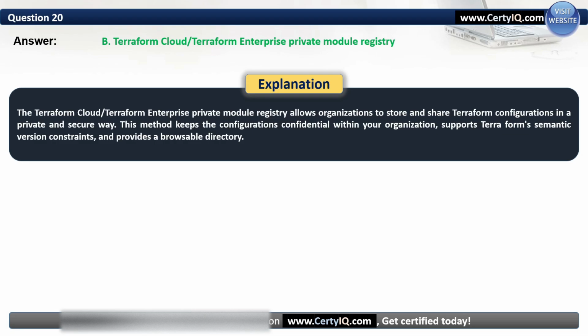The Terraform Cloud/Terraform Enterprise Private Module Registry allows organizations to store and share Terraform configurations in a private and secure way. This method keeps the configuration confidential within your organization, supports Terraform's semantic version constraints, and provides a browsable directory.